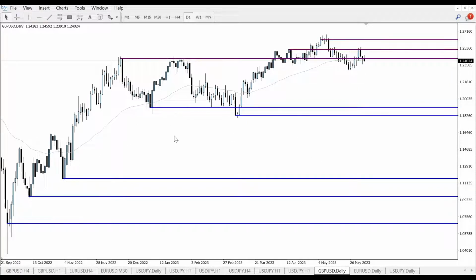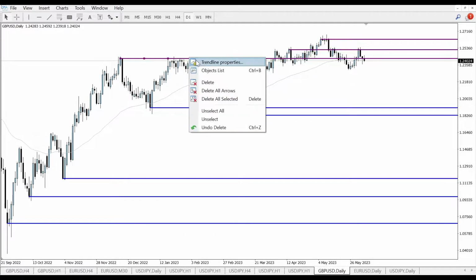And here we are, done with the daily chart as well.